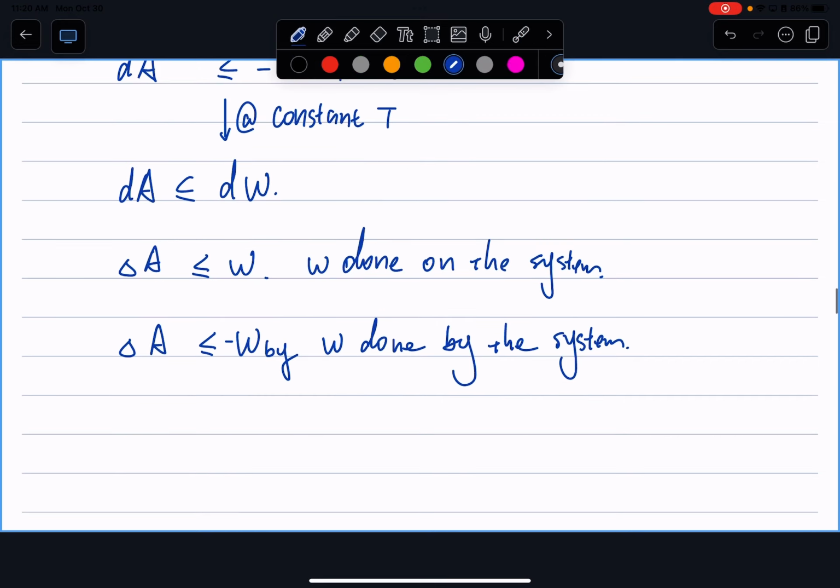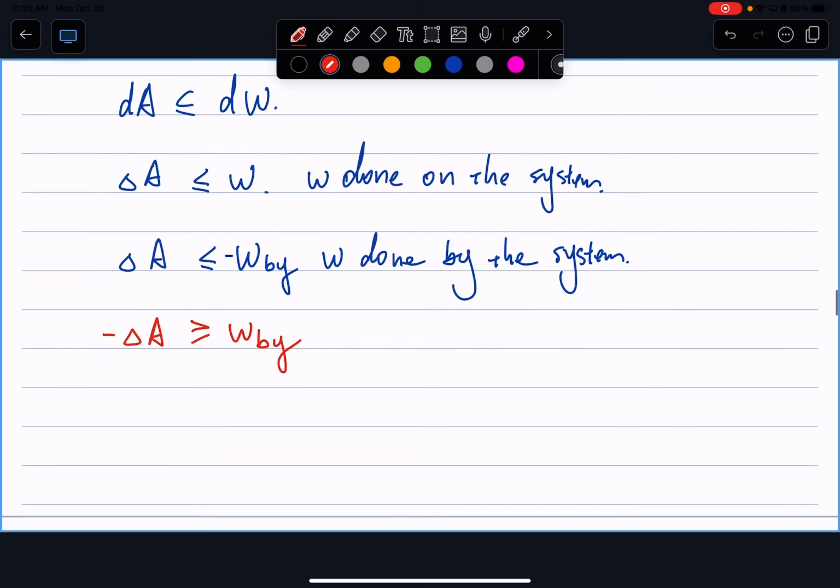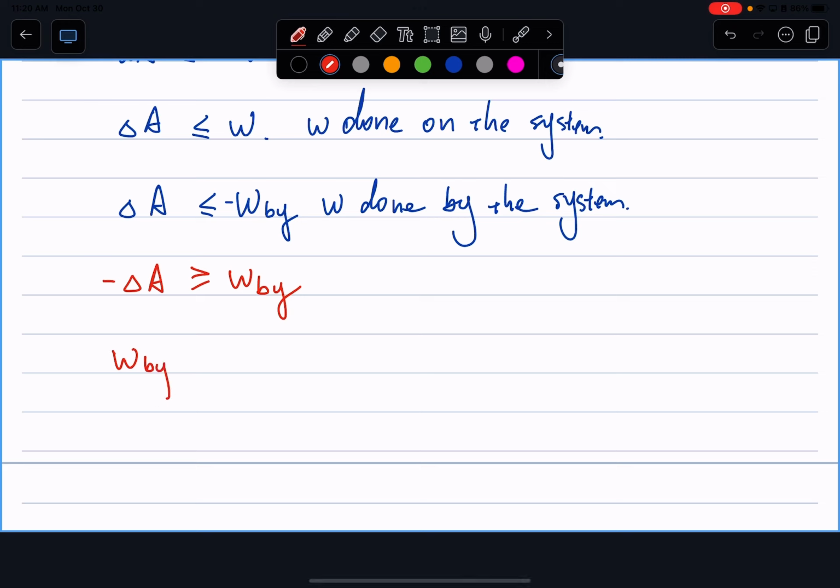Or you can rewrite this relationship as negative delta A, flipping that sign, is larger than work by. That's the same as saying your work by is smaller than or equal to negative delta A.